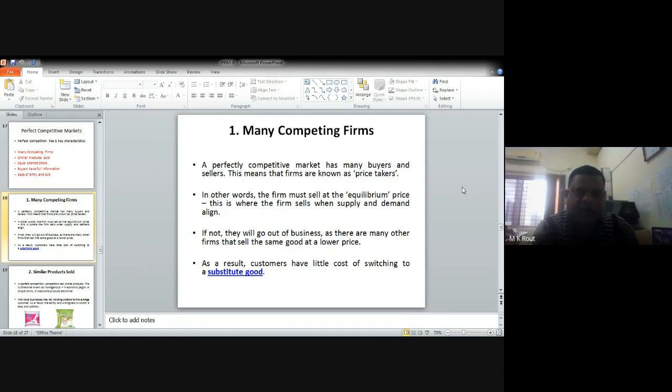If you see Mahindra versus John Deere, they maintain the same price. They focus on a large number of buyers on the Mahindra side, and a large number of buyers or sellers on the John Deere side. So they equally maintain the price, and these firms are known as price takers. Is it clear?